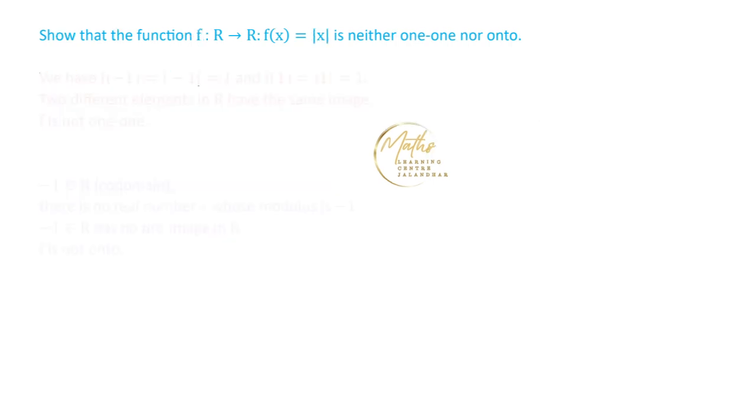Now the next question we have is, show that the function f defined from R to R, defined like f(x) = |x|, is neither 1-1 nor onto. So again, we are talking about two elements. If we calculate the value of f(-1), the element of the domain, the value of the function is |-1|, that is equal to 1, and f(1), if we calculate, is equal to 1.